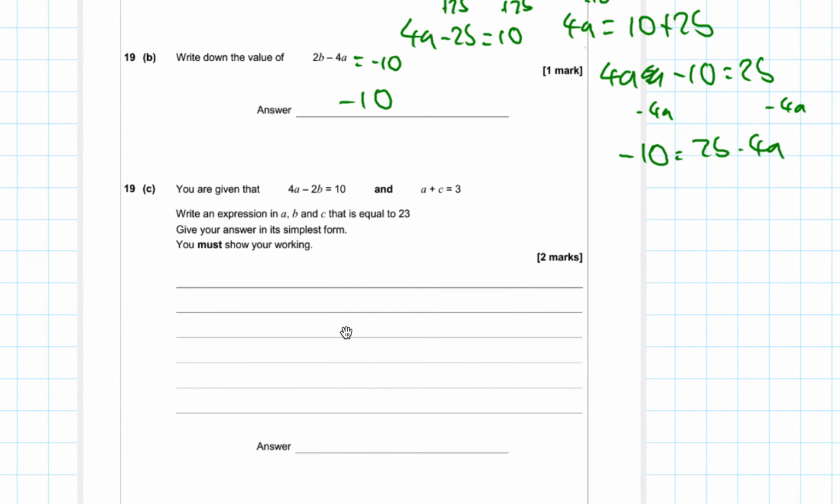Okay, so we're given that 4a minus 2b equals 10 and a plus c is equal to 3. Write an expression in a, b, c that is equal to 23, giving your answer in the simplest form. Okay, so we're given 4a minus 2b equals 10. So the first step that we are going to do is, okay, so we want to make 23.